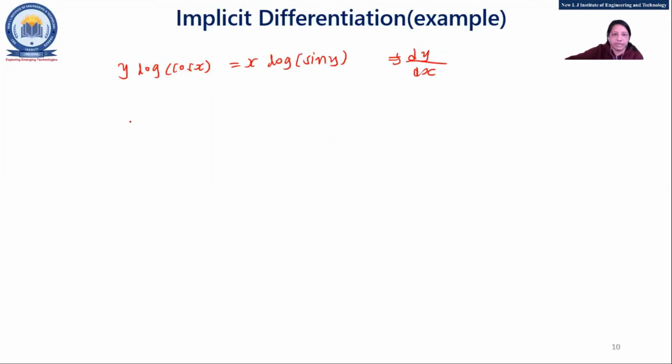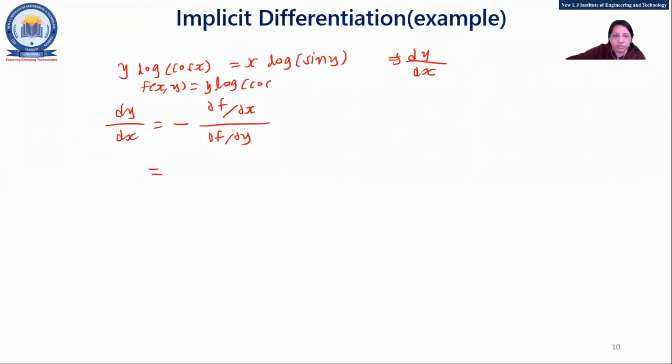So dy by dx equal to, according to the definition, del f by del x upon del f by del y. Okay, this is the function. So what am I supposed to write for this? Fxy equal to y log of cos x minus x log of sin y.